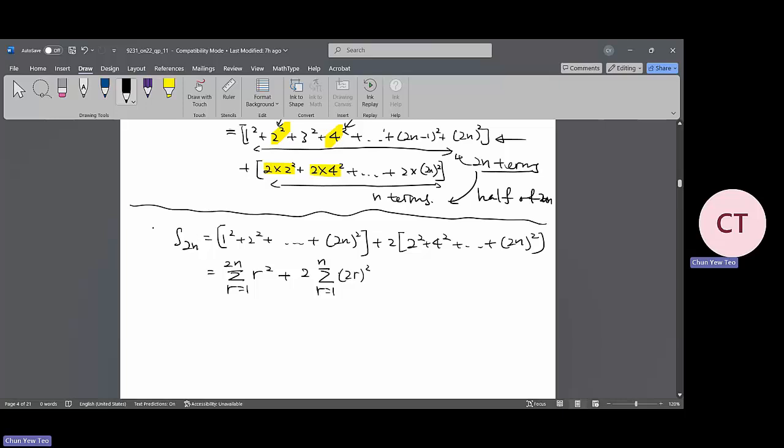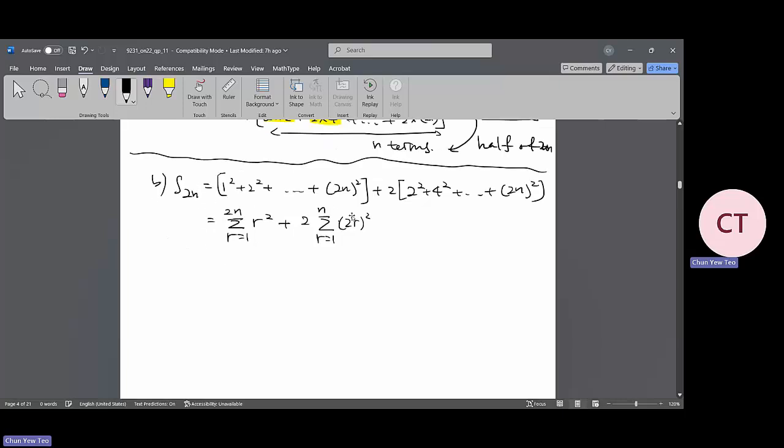So this is the B. Then after you write like this, just use the formula from part A. You can get this as 1/6 of 2n, 2n plus 1, 4n plus 1.